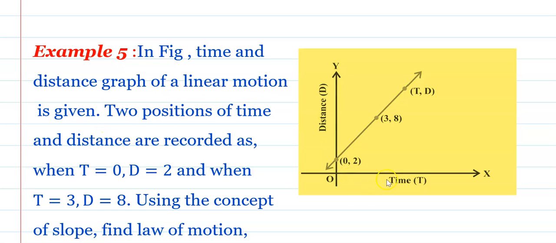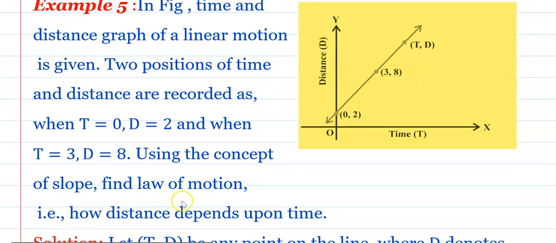Two points of time and distance are recorded: when time is 0, distance is 2, and when time is 3, distance is 8. Using the concept of slope, find the law of motion, that is, how distance depends upon time.